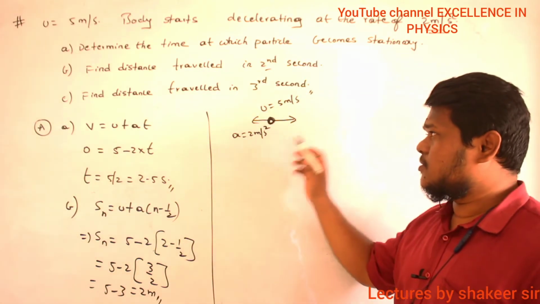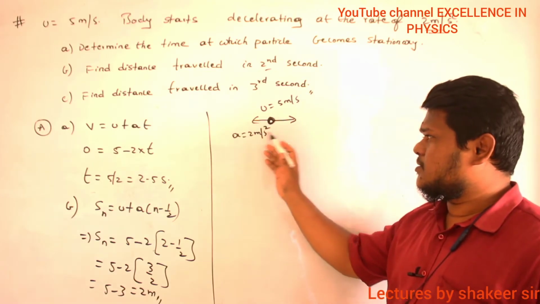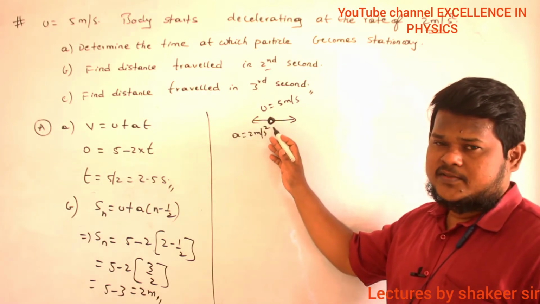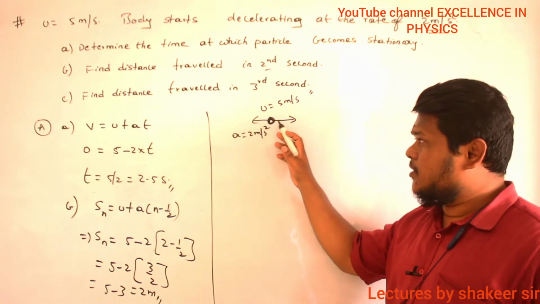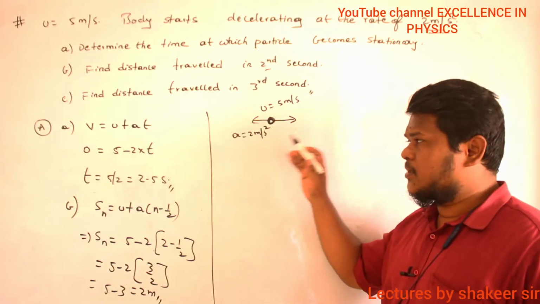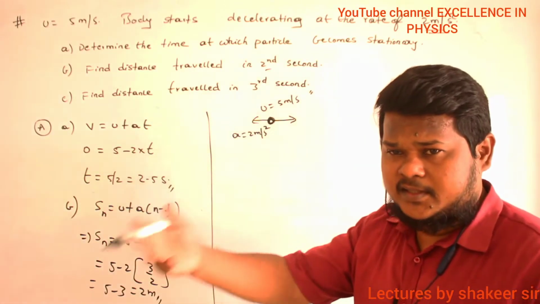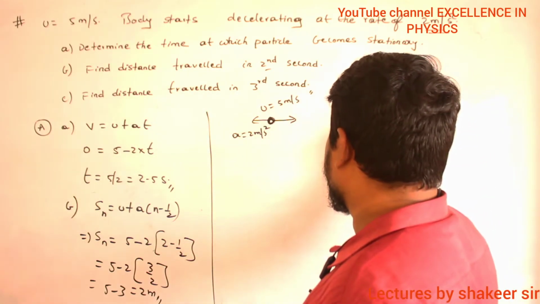So what happens to the velocity of this body? Already we have done one problem yesterday. If velocity and acceleration are in opposite directions, then what happens to the velocity of this body? Velocity continuously decreases, but it continues to move in the same direction, with reducing velocity. Are you able to understand? So it moves up to here.